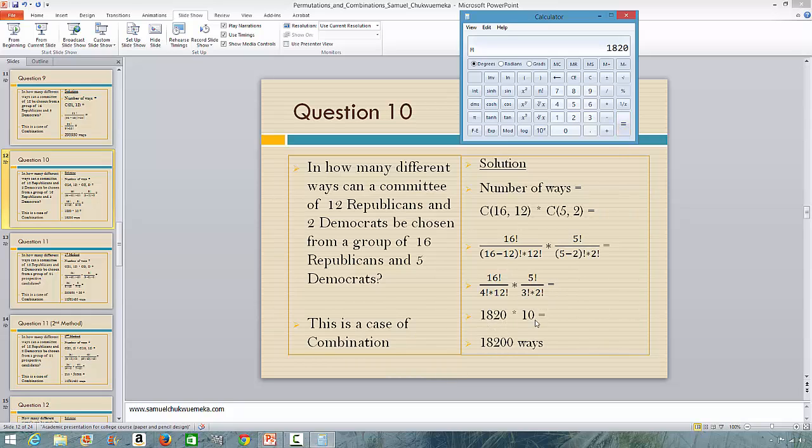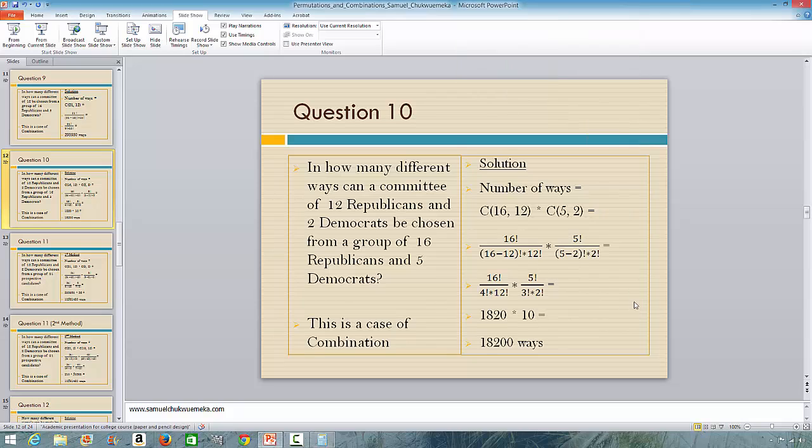Now we do the next one. 3 factorial times 2 factorial is equal to 12. Change memory, put 12. Then 5 factorial divided by recall memory is 10. So when you multiply that, you have 18,200 ways.